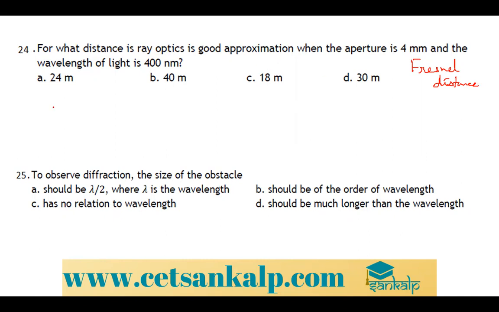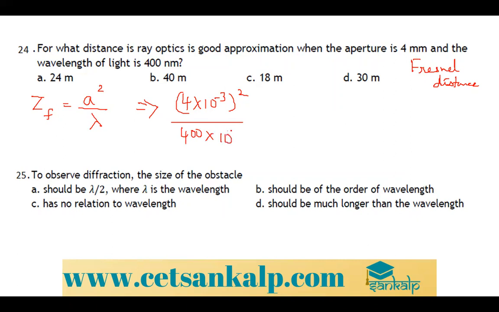The formula is given as Z_F is equal to a square divided by lambda. This is the formula for Fresnel distance. So they've given 4 into 10 to the power minus 3 the whole square divided by 400 into 10 to the power minus 9.